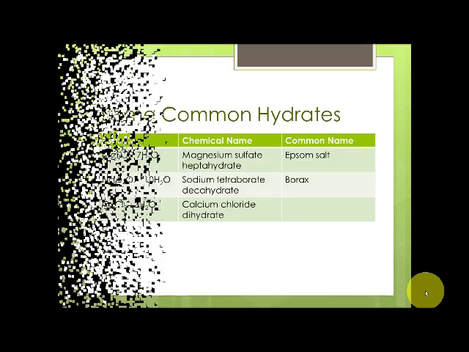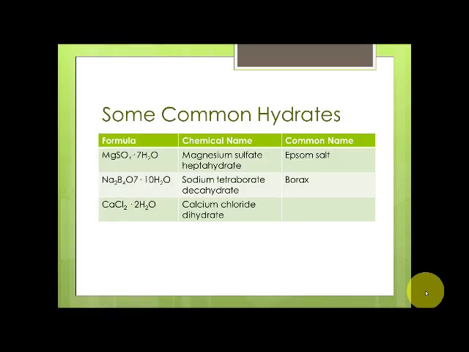So because of this, we actually do have some common hydrates at home. Epsom salt, I don't know if anybody's ever used Epsom salts before, but that's magnesium sulfate heptahydrate. Okay. Borax, which we used back on Halloween to make our flubbery goop stuff, that is sodium tetraborate decahydrate, so that has 10 waters in it.